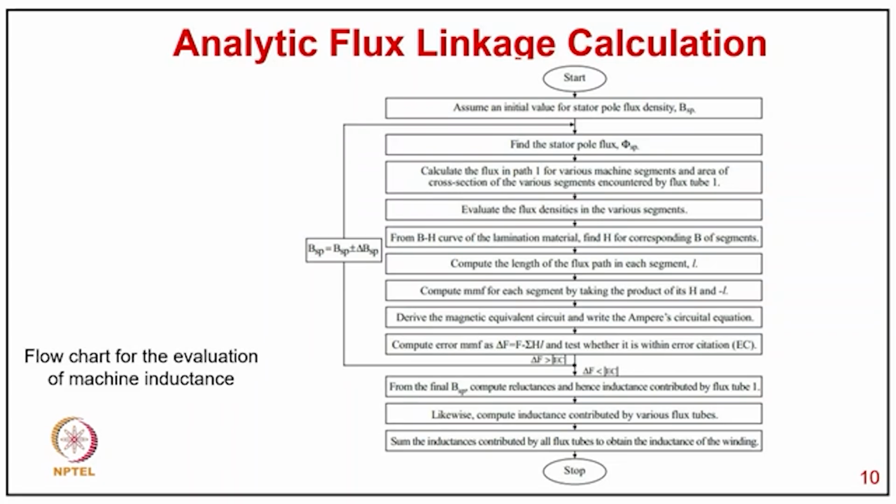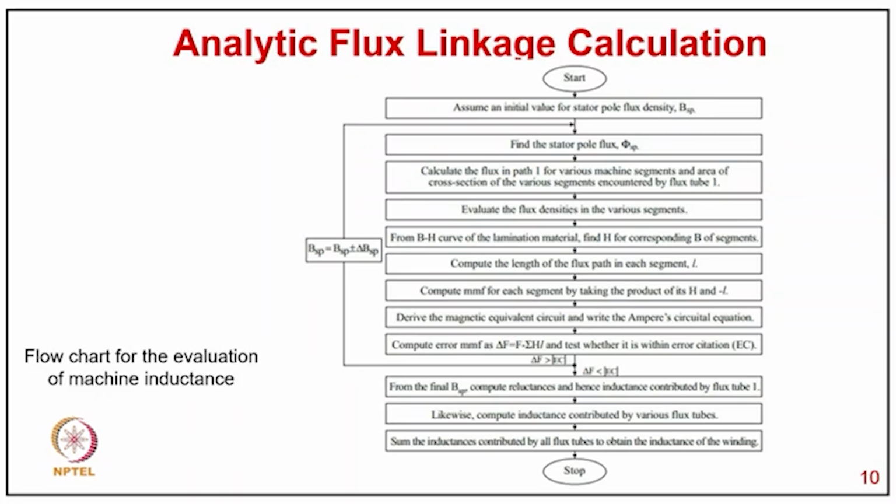From the BH curve of the laminated material, find the H corresponding to B of that particular segment, compute the length of the flux path in each segment, L, and compute the MMF of each segment by taking the product of its H and L. Derive the magnetic equivalent circuit, write the ampere circuital equation, and compute the error, delta F, equal to F minus the sum of HL, and test whether it is within the error.